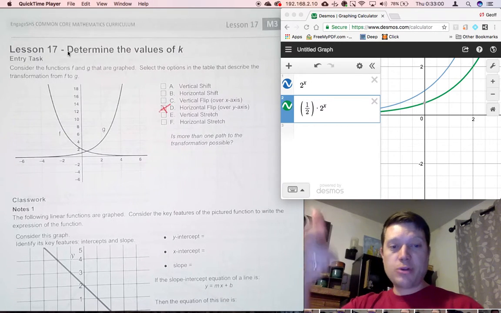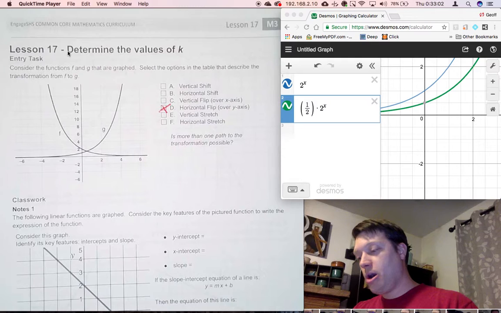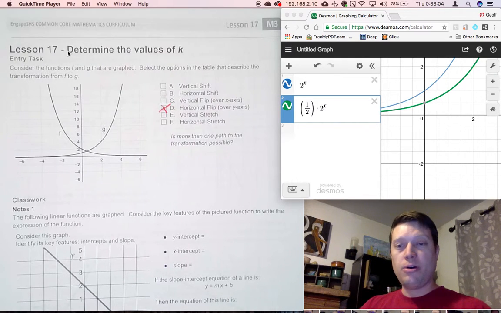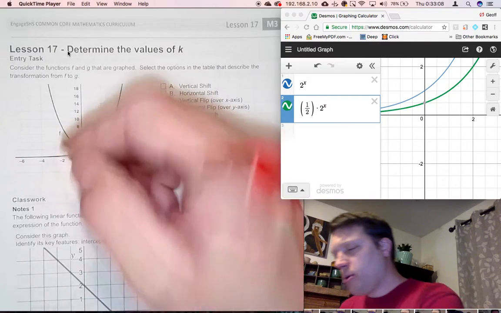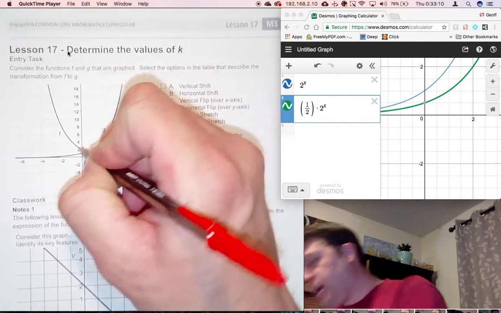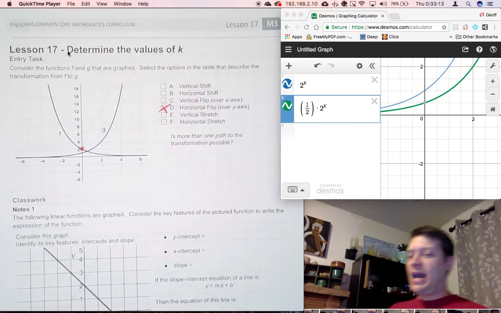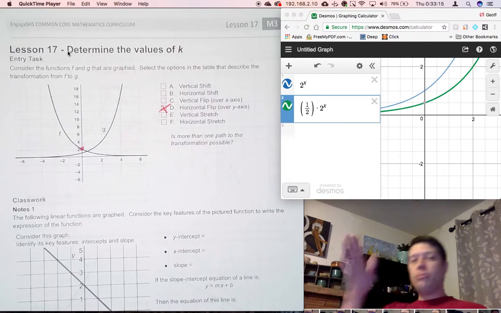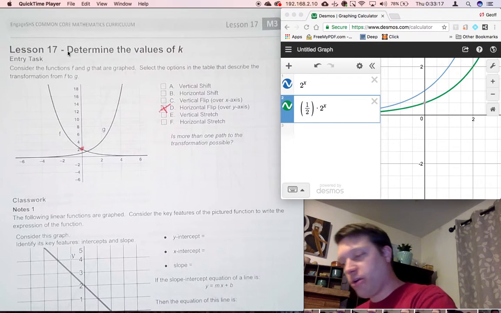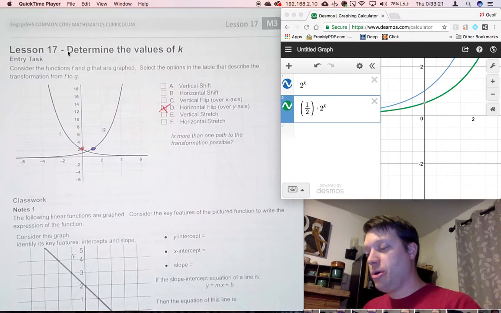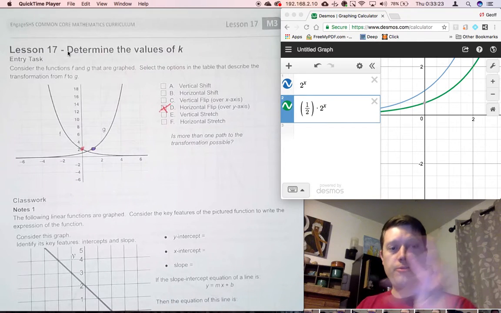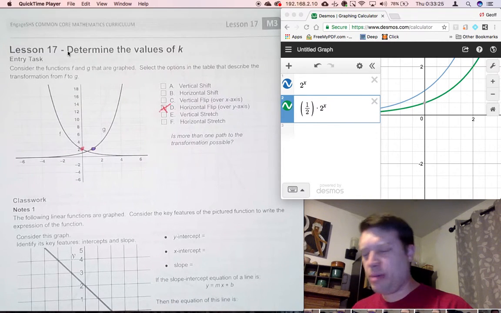And then after the horizontal flip, we are shifting in the horizontal direction. We're taking this point that's specifically at (0, 2), and we're moving it over on the graph to right here.